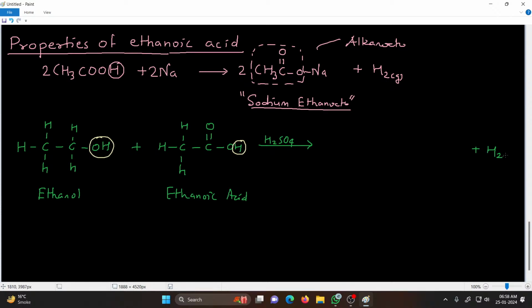But what happens to the remaining carbons? This CH3COO, this CH3, we are talking about this CH3, C double bond O, single bond O.